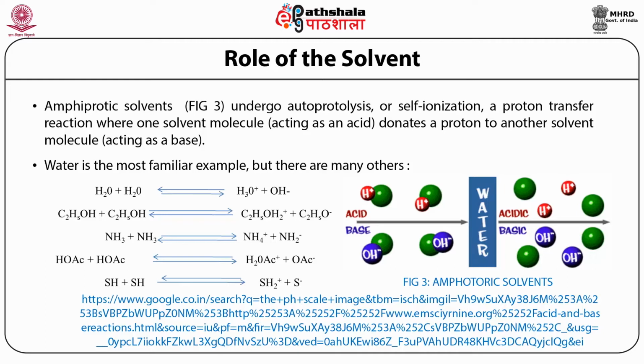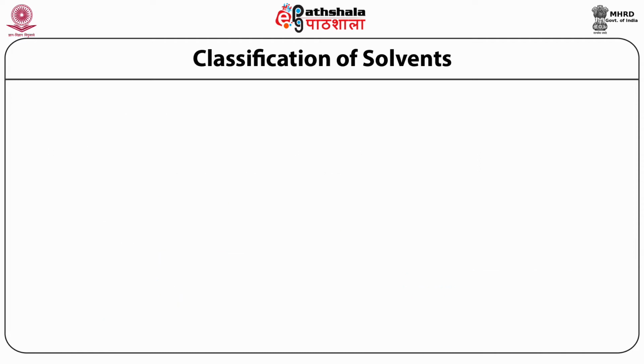H2O plus H2O forms H3O plus plus OH minus, with acid 2 being H3O plus and base 1 being OH minus. Similarly, C2H5OH plus C2H5OH forms C2H5OH2 plus plus C2H5O minus. Similarly, in ammonia, NH3 plus NH3 forms the ammonium ion NH4 plus plus NH2 minus ions.